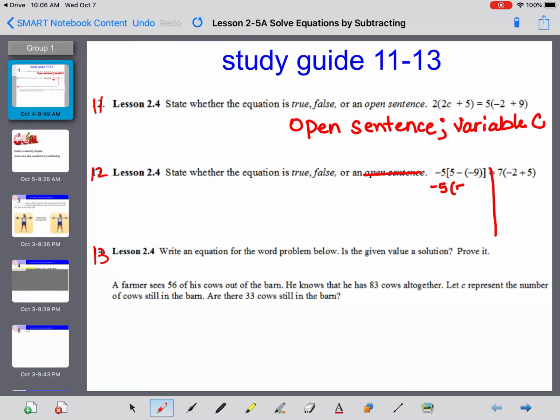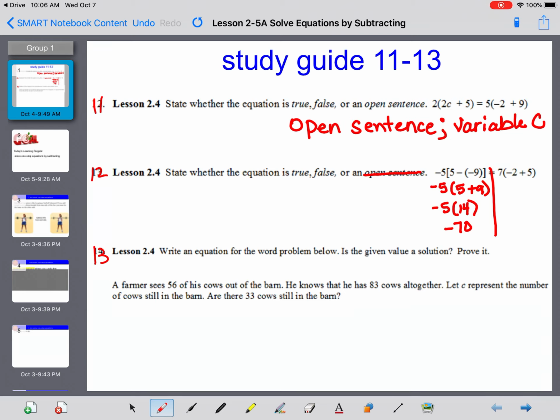Negative 5 times 5 plus 9, negative 5 times 9 plus 5 is 14. 14 times 5, well, 10 times 5 is 50. 4 times 5 is 20, so 70, negative 70.